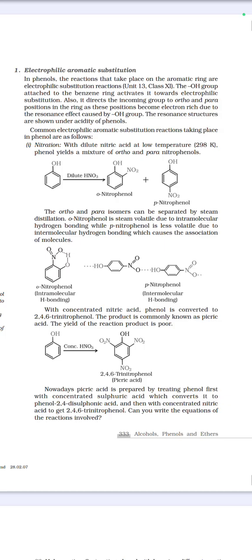Phenol gives orthonitrophenol and para-nitrophenol in the presence of dilute HNO3. The ortho and para isomers can be separated by steam distillation. Orthonitrophenol is steam volatile due to intramolecular hydrogen bonding, while para-nitrophenol is less volatile due to intermolecular hydrogen bonding, which causes the association of molecules.